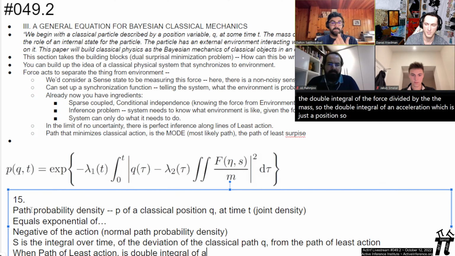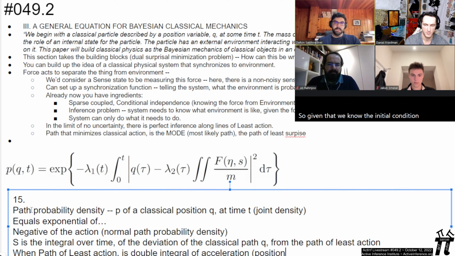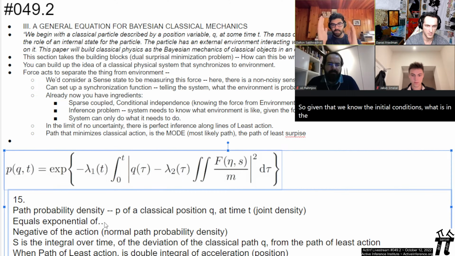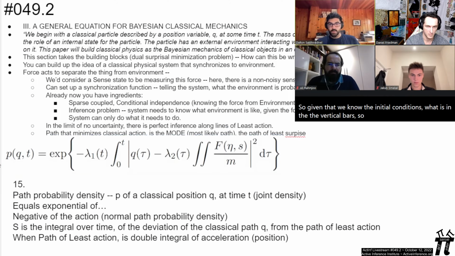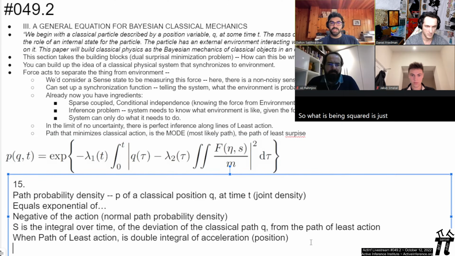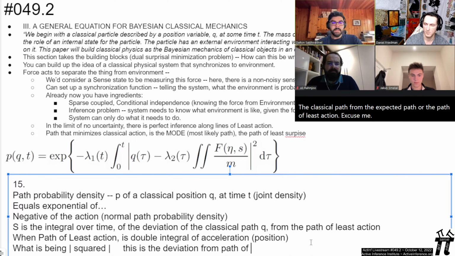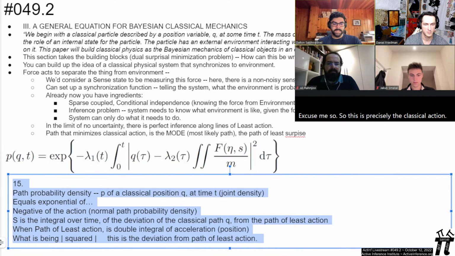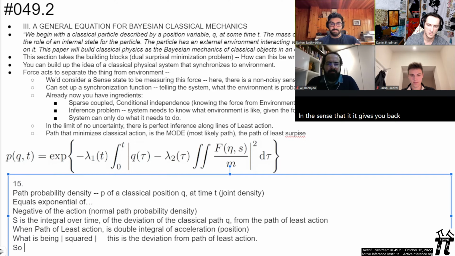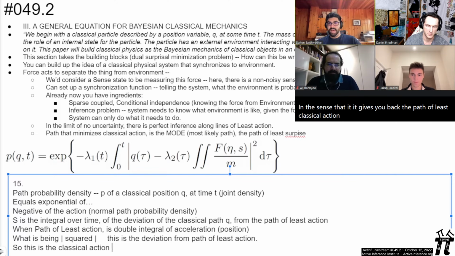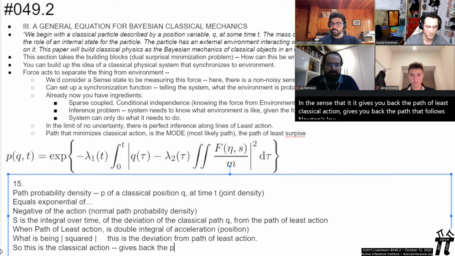So given that we know the initial conditions, what is in the vertical bars, so what is being squared, is just the deviation of Q, the classical path, from the expected path, or the path of least action. So this is precisely the classical action, in the sense that it gives you back the path of least classical action, it gives you back the path that follows Newton's laws.